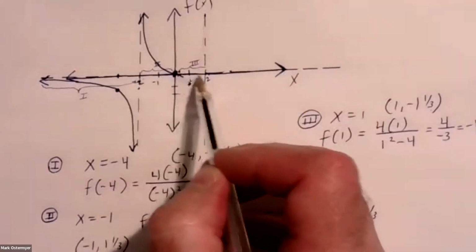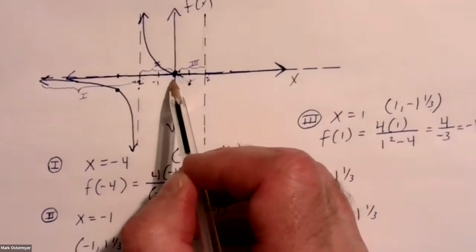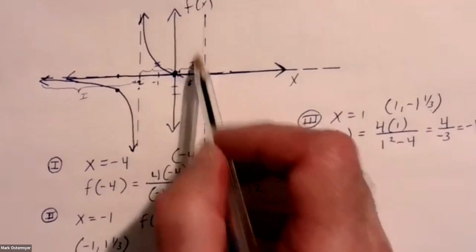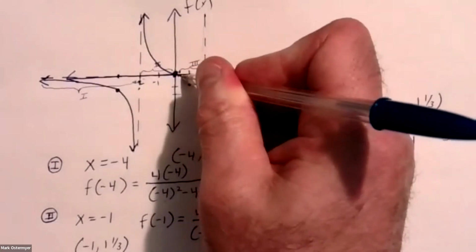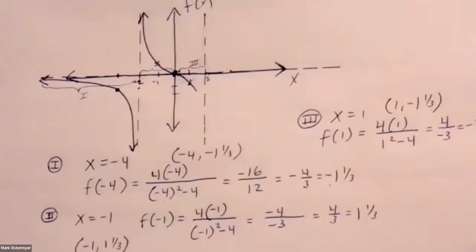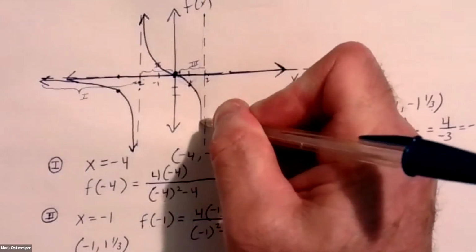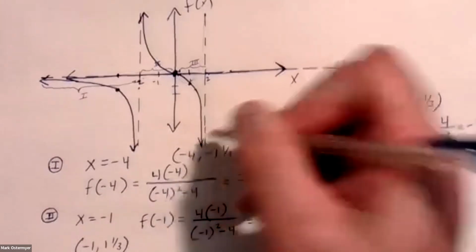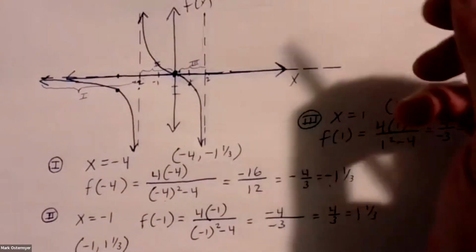Because it cannot cross the x-axis anymore. The only point of intersection was 0, 0. That was the only point. So it cannot turn around and come back through the x-axis, the horizontal asymptote. So it has no choice but to pick up this point, 1, -1 1/3, and then dive down towards negative infinity and become asymptotic with respect to this vertical line, x equals 2, the other vertical asymptote.